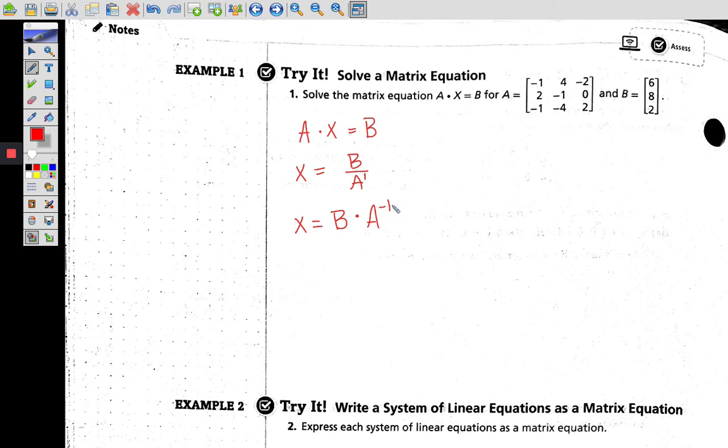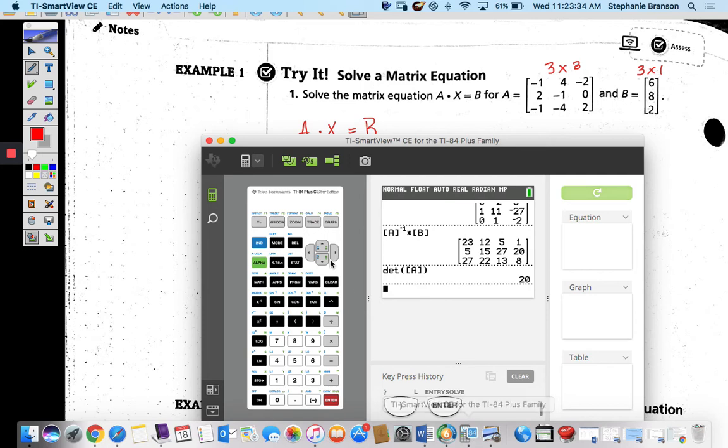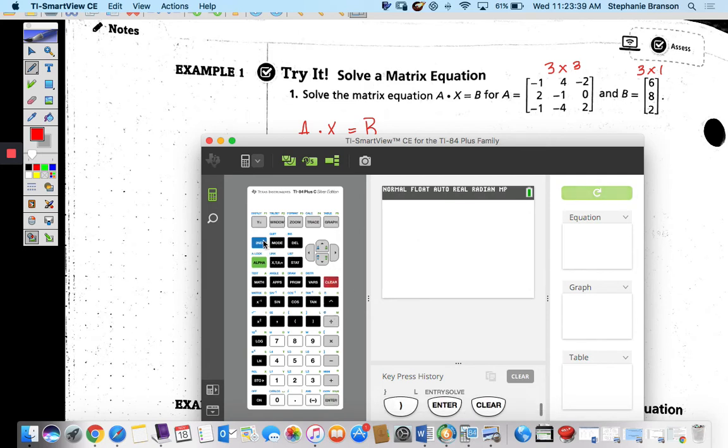So, let's put both of these in. We've got a 3 by 3 and a 3 by 1. Put them both in and see what we can come up with. All right, matrix, I'm editing 3 by 3.